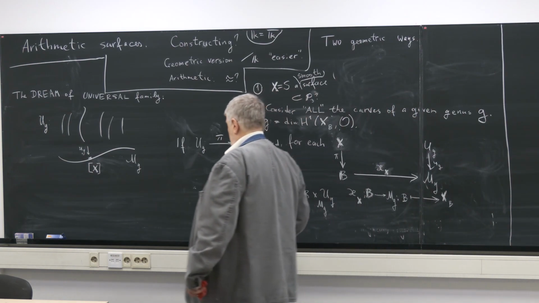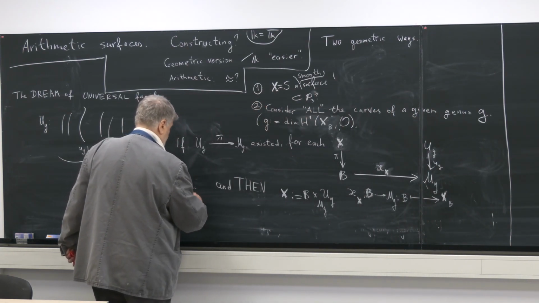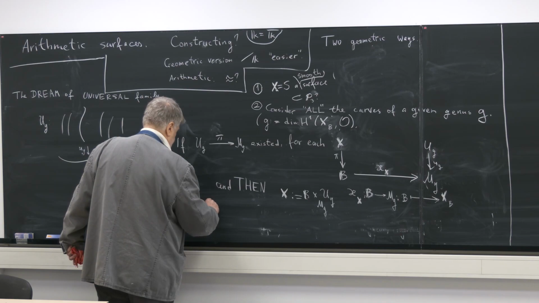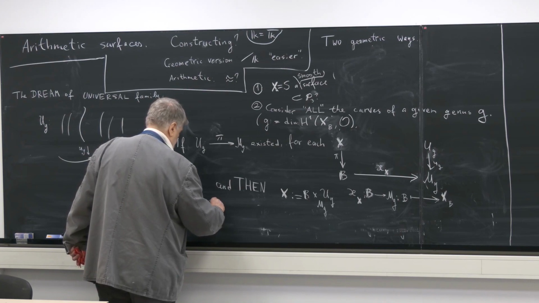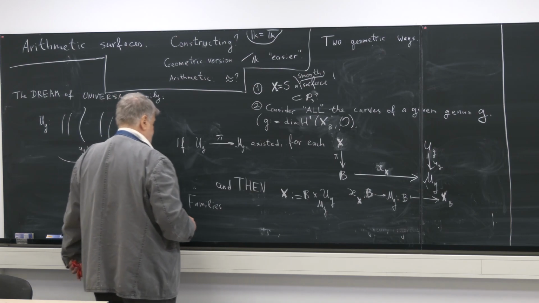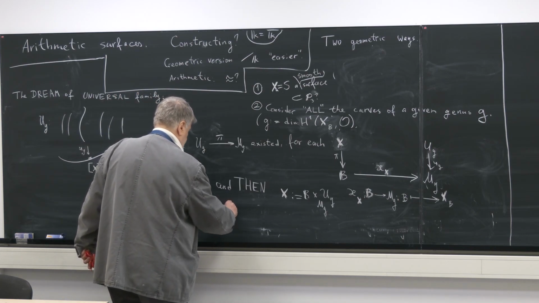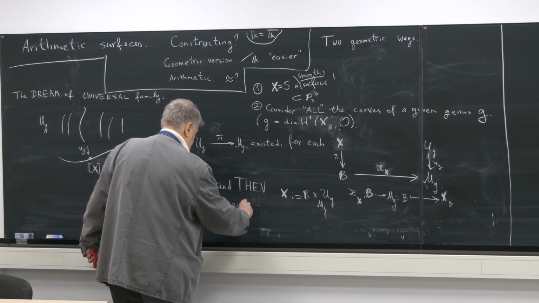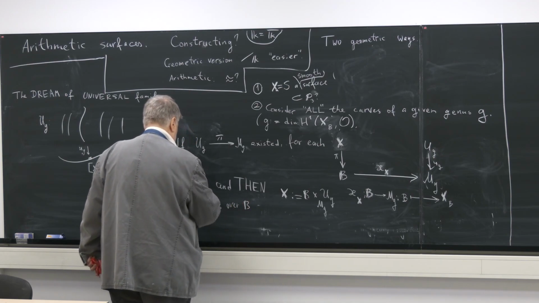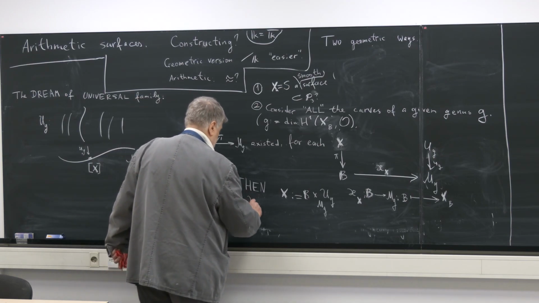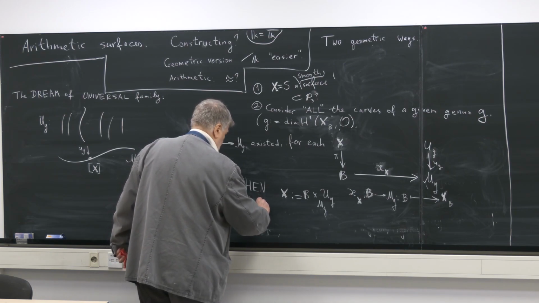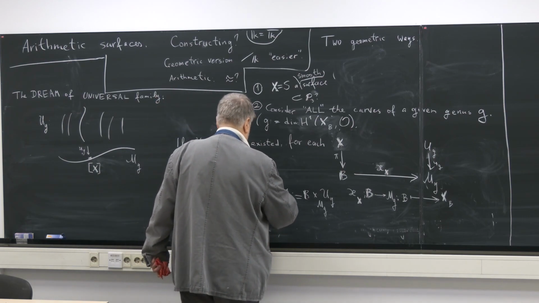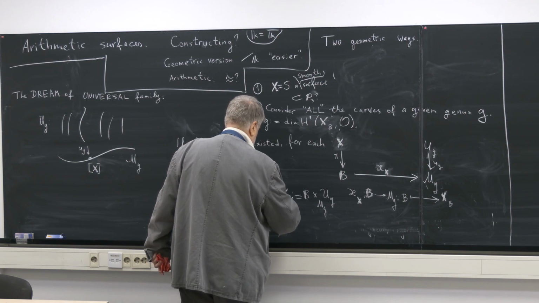all the families over B, here we fix the base, over B would be in the canonical bijection with the set of morphisms in the appropriate category.